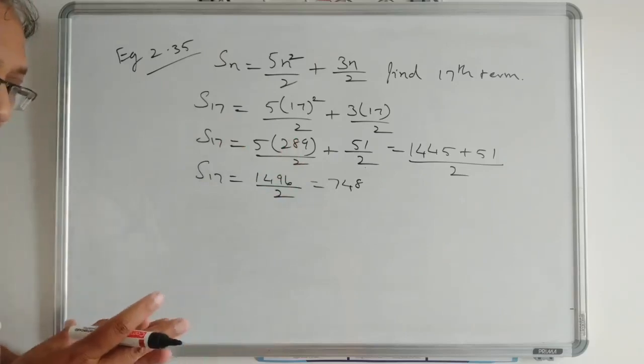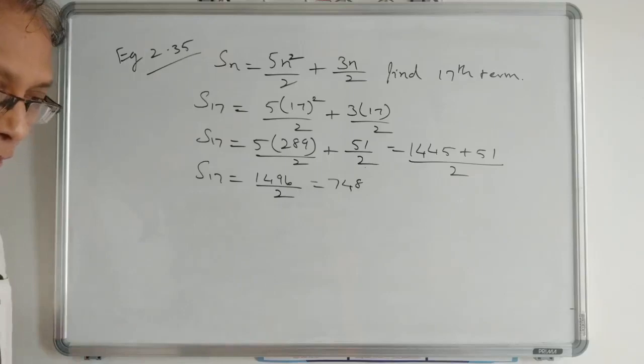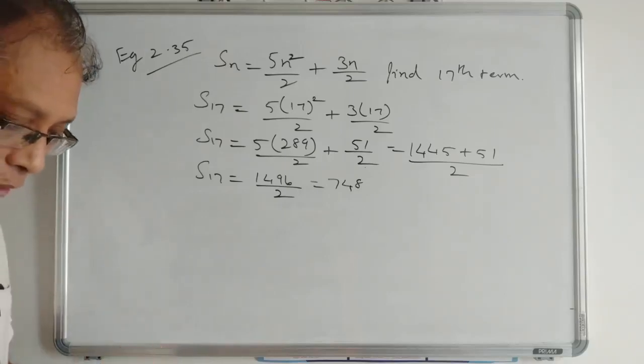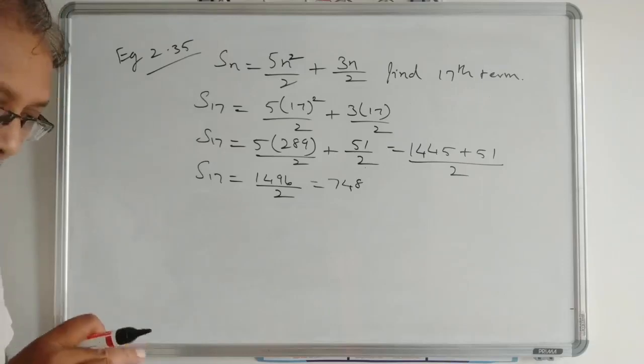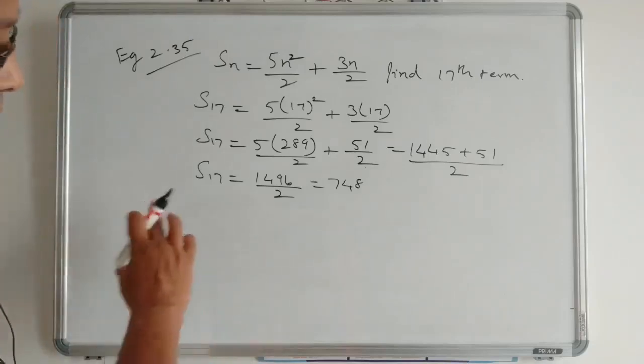Next we want to find the 17th term. The sum of the first 17 terms minus the sum of the first 16 terms gives the 17th term.